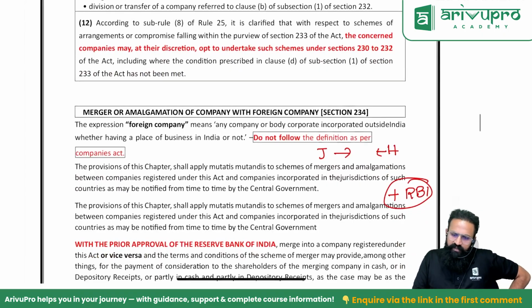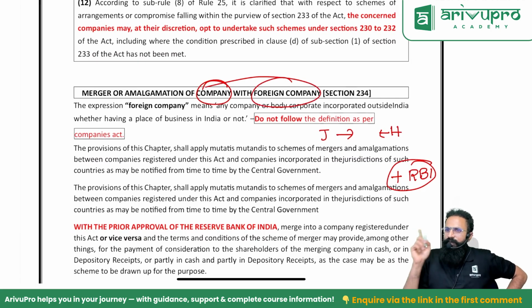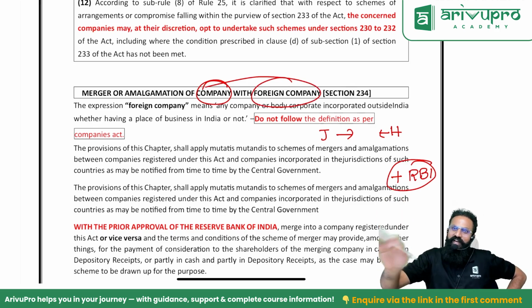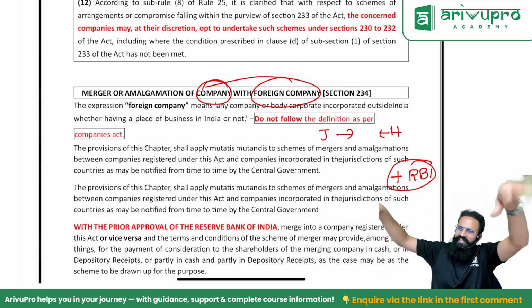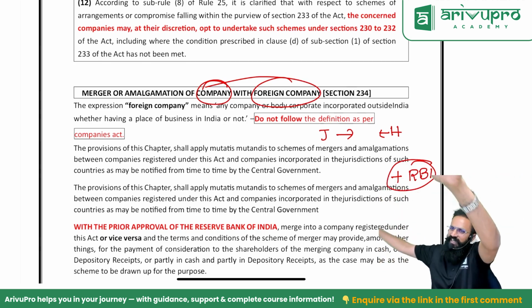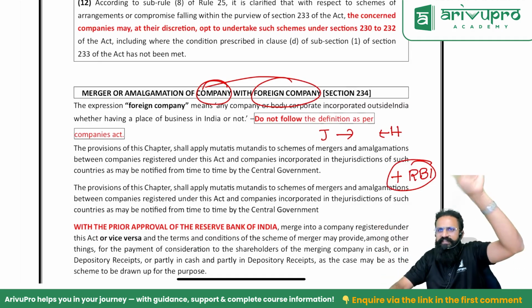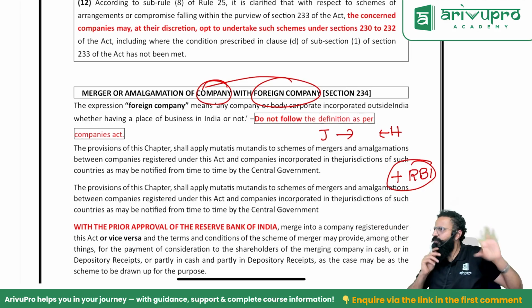Foreign companies. See, merger or amalgamation of a company with a foreign company. Foreign company here is not the definition which we saw earlier, a company registered outside India having a place of business in India. Foreign company is an actual foreign company, a company which is from outside. A company registered outside India, whether it is there in India or not, is a foreign company.